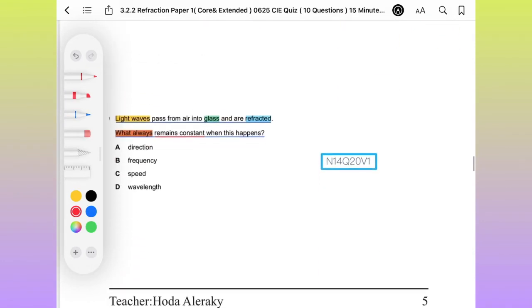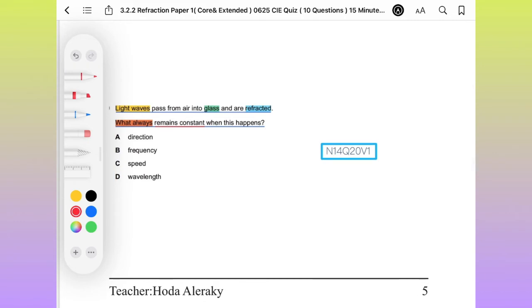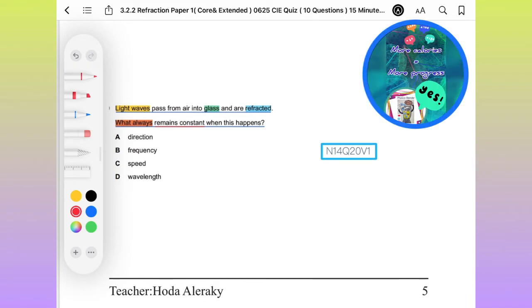Question 9. What always remains constant when light waves pass from air into glass and are refracted? Again, refraction takes place when light rays or light waves are traveling from a medium of certain optical density to another medium which has different optical density.